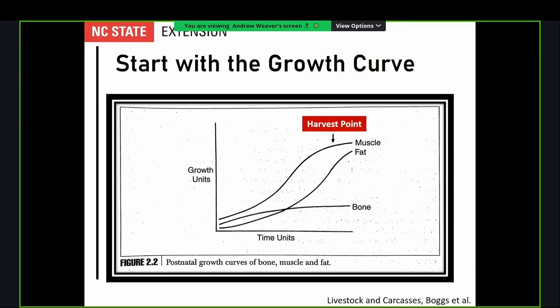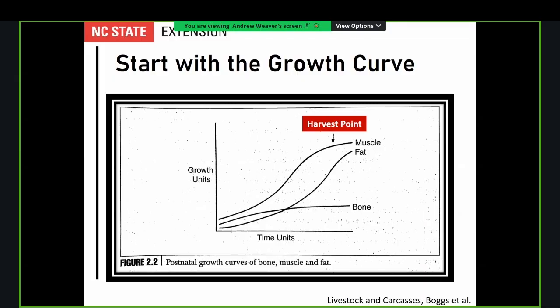And then fat is interesting because it starts off relatively low and then continues to increase more rapidly as time goes on, as that animal gets older and heavier. So while muscle is starting to plateau as we get to that maturity time point, fat is continuing to increase.